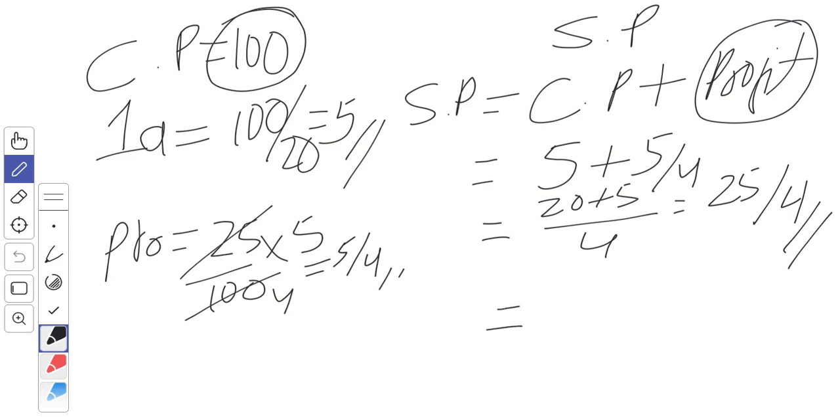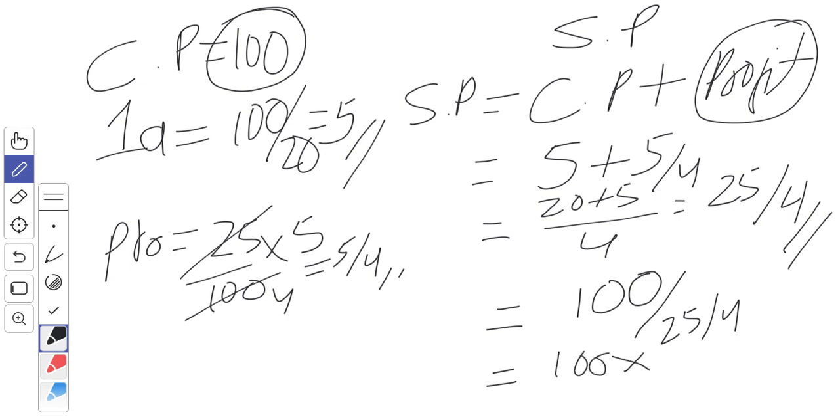So to have 100 as selling price, we are selling the goods at how much? Each good is 25 by 4 rupees. So to get 100 rupees, we need to divide 100 by 25 by 4. This will give us 100 into 4 by 25, which is equal to 16 items.